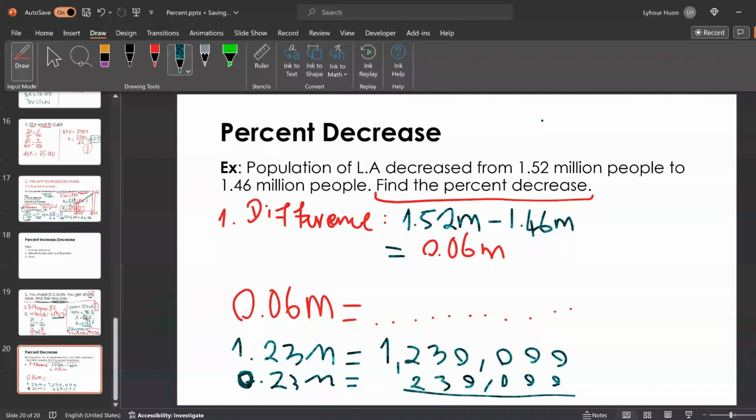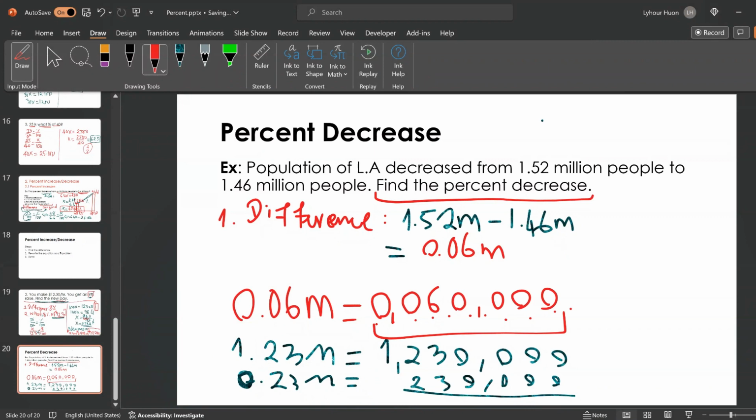So 0.06 million, if we write it in a proper way, is 0 million and 60,000. Do you agree with this?